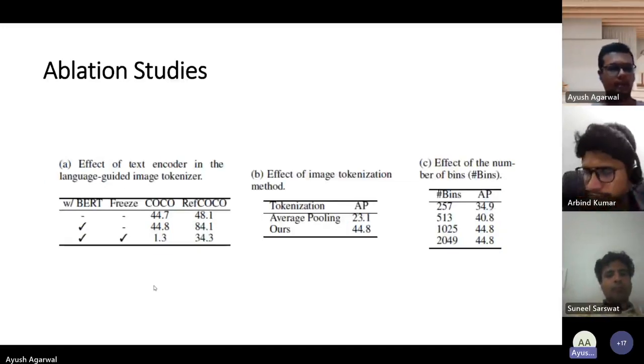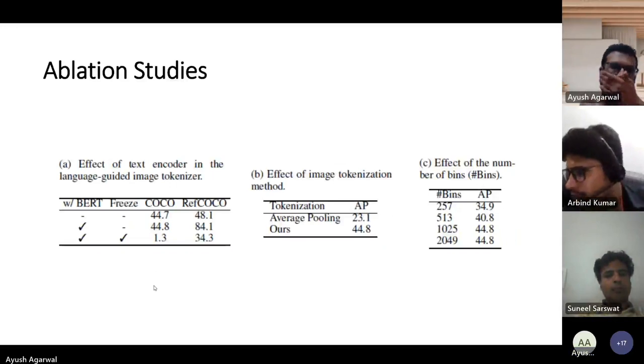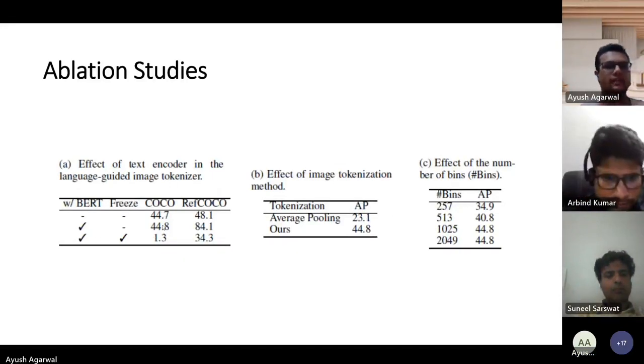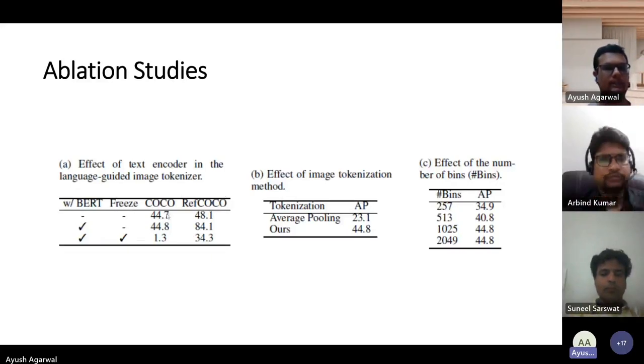So these are the ablation studies. This is the effect of the text encoder in the language guided image tokenizer. What they tell is that for object detection, BERT is not as necessary, but for instance segmentation, BERT is really much necessary.